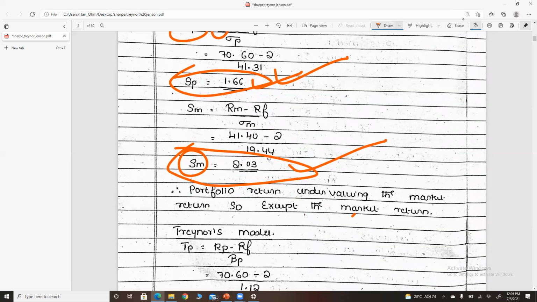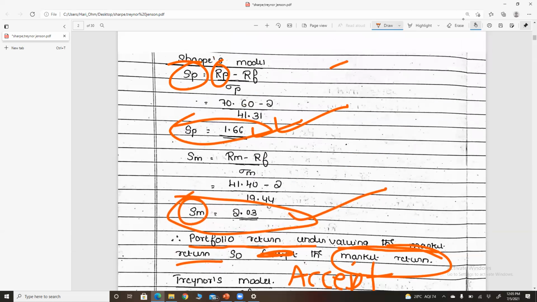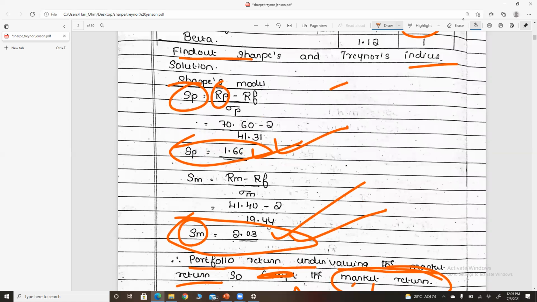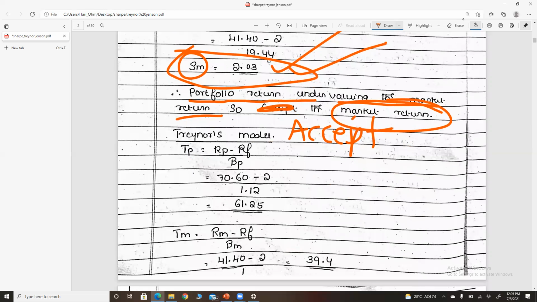Therefore, the portfolio return is undervaluing the market return, so accept the market return. Here which one is more? Market return is more compared to the individual portfolio return. Okay, like that you have to write.